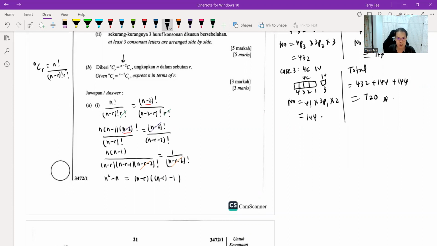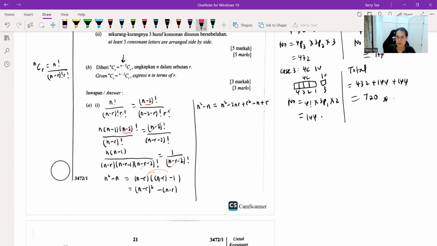Easier to expand. So this will be (n minus r) square minus (n minus r), when you're multiplying inside. Easier to see. Let us simplify n square minus n. This will be n square minus 2nr plus r square, and a minus n plus r.